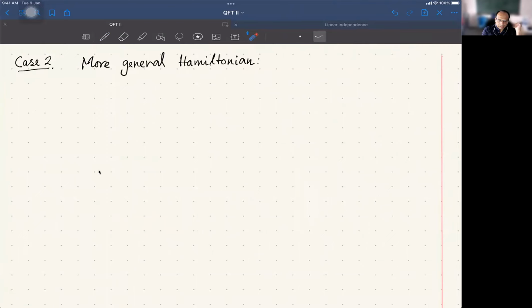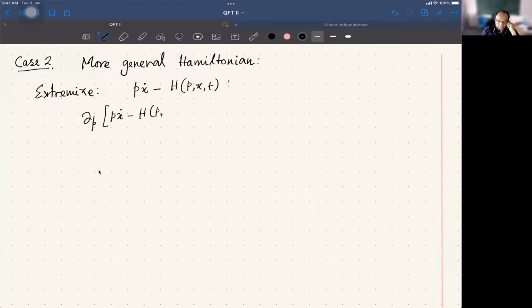So extremize this function p x dot minus h(p, x, t). That means take the partial derivative of p x dot minus h(p, x, t) at p equals p0 and set it equal to 0.